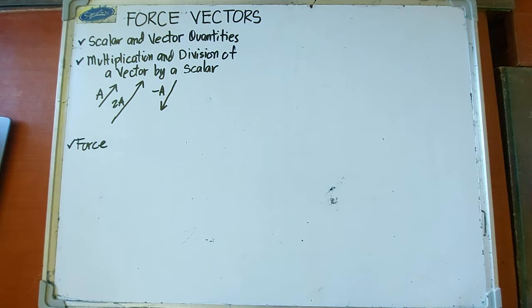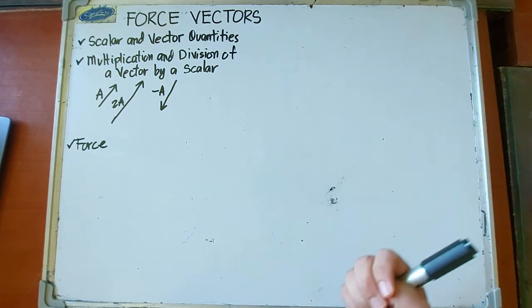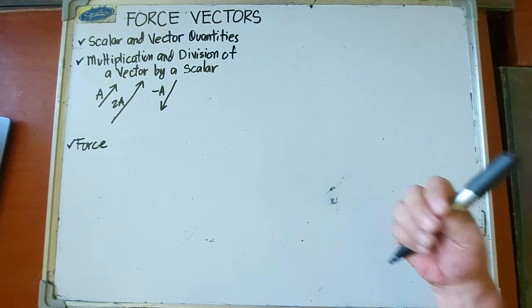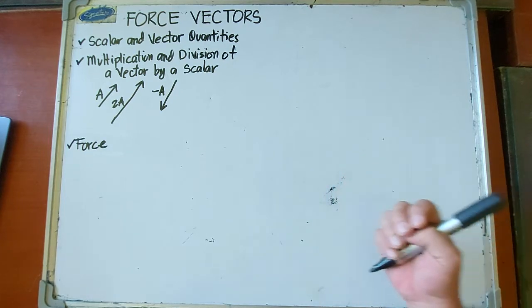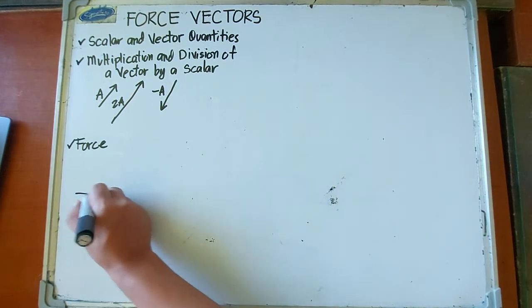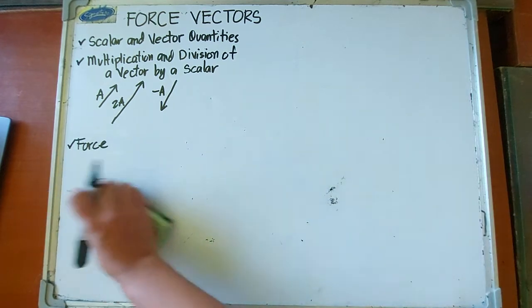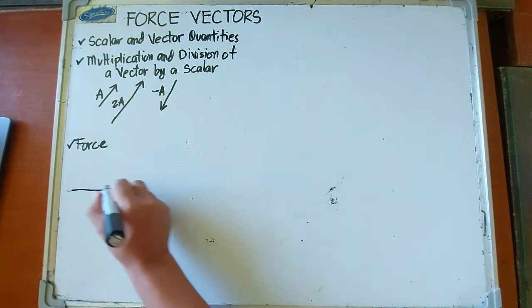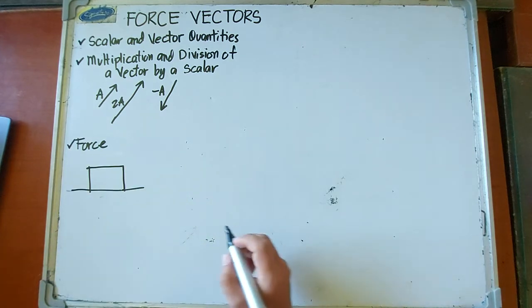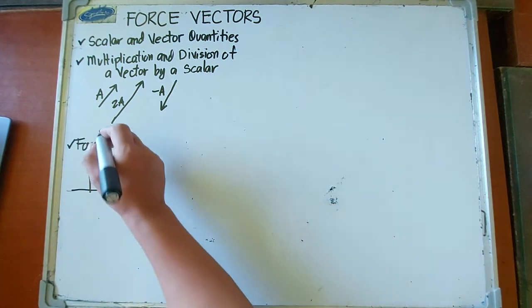Force. Ano ba ang force? A force represents the action of one body on another and is generally characterized by its point of application, its magnitude, and its direction. For example, sa engineering, we usually represent the action of one body to another body with a force. For example, we have a box resting on the ground, so we can represent the weight of the box.